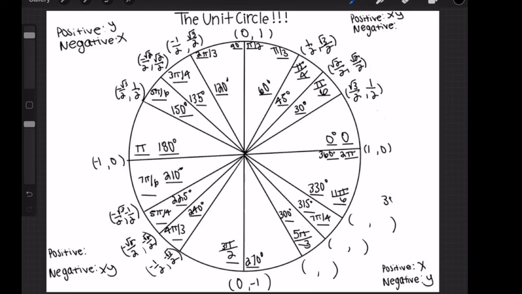Pi over 3 has 1/2 as its x coordinate, and pi over 6 has negative square root 3 over 2 as its x. And so now I'll just do the last little quadrant.